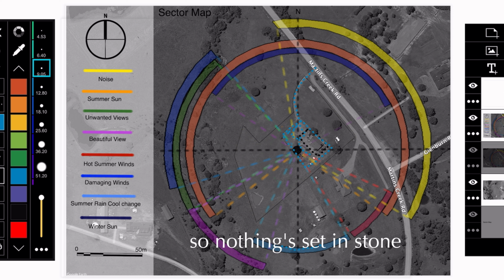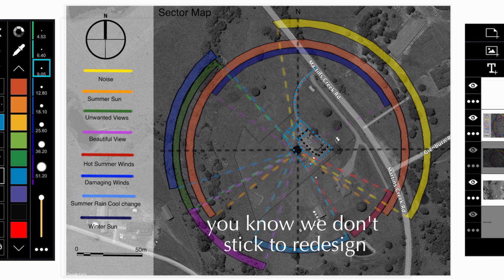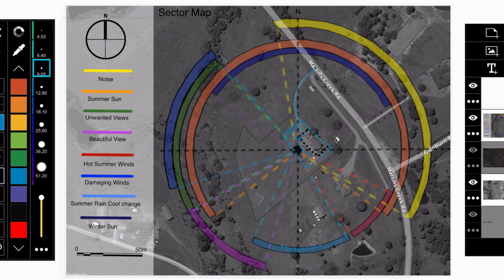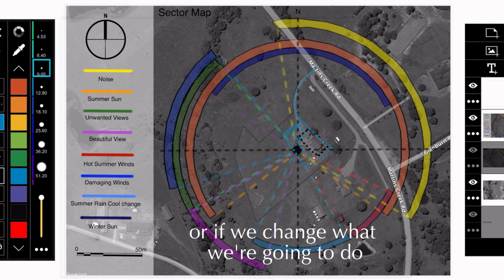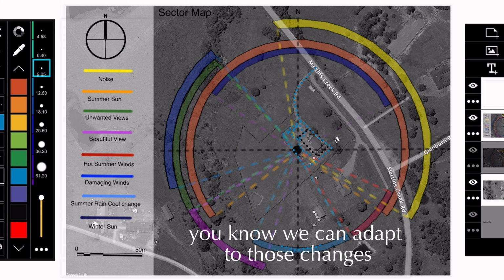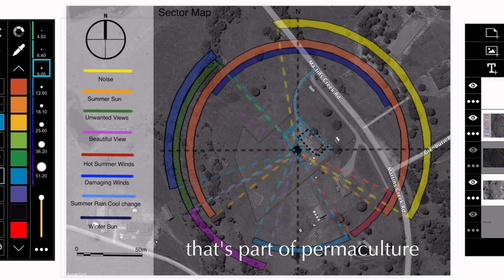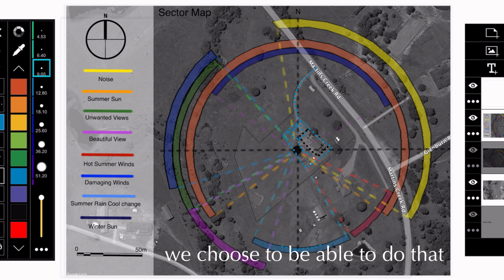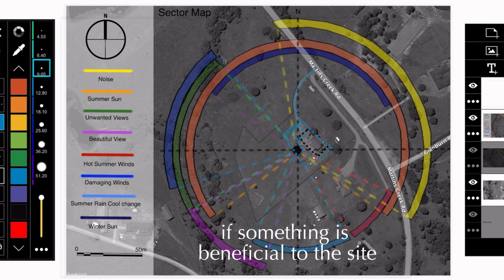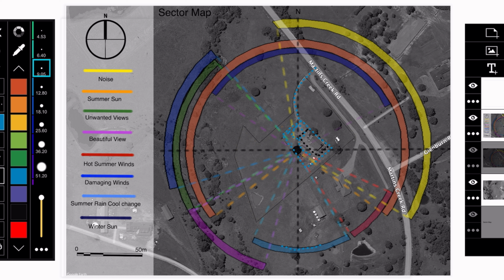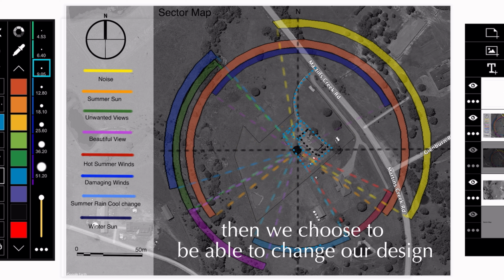So nothing's set in stone. We don't stick to a design if we don't feel it's going to work, or if we change what we're going to do. We can adapt to those changes. That's part of permaculture. If something is beneficial to the site, then we choose to change our design and put that in place.